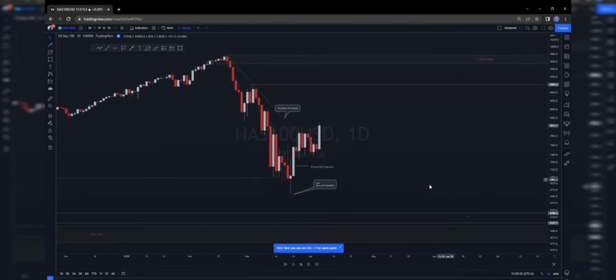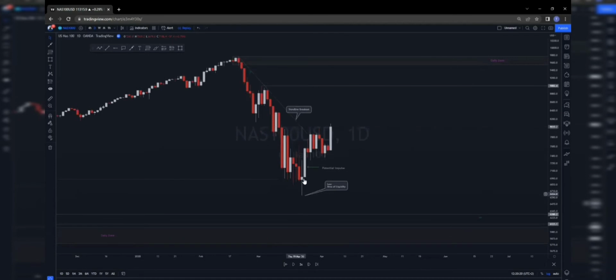Like I said in the beginning, we were in a buyer's territory. So obviously the incentive was for the market to start buying, right? That was the intention. That was the incentive. Now we have this failure swing over here because we have a low. The market failed to break below this low. We have a break of the high here.